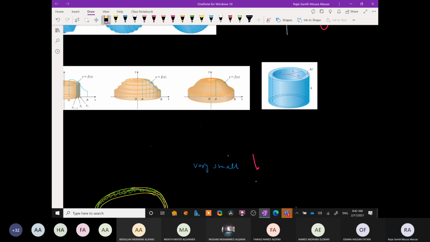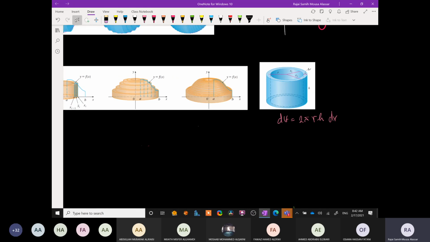And you understand this formula very well. So let me put that: the dV of this is 2 pi r h dr, or delta r, it doesn't really matter.